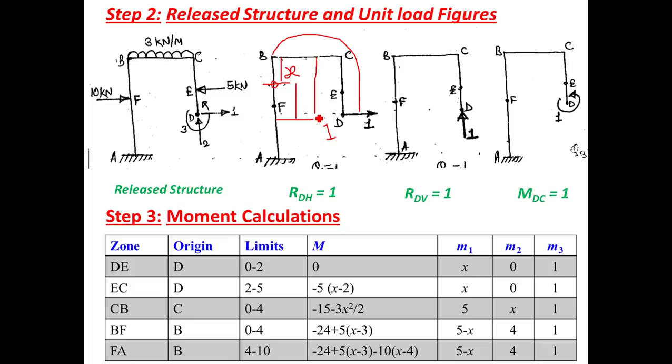This total distance is 5, and this distance is x. So this perpendicular distance becomes 5 minus x. About this point, the force is towards right, so it will produce anti-clockwise moment. So 1 into 5 minus x, it will be 5 minus x. If you look at the M1 column, the fourth element is 5 minus x.